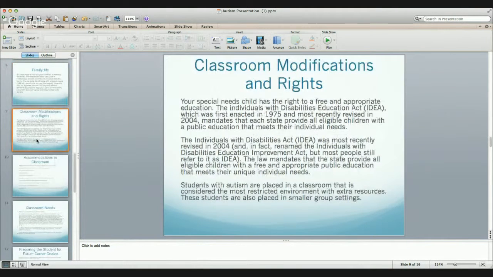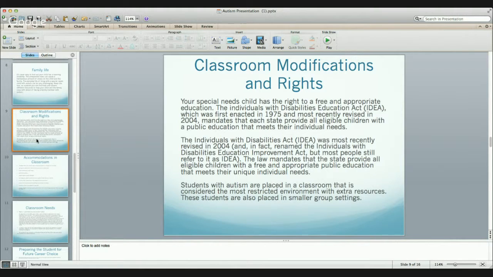Classroom modifications and rights. Your special needs child has the right to a free and appropriate education. The Individuals with Disabilities Education Act, IDEA, which was first enacted in 1975 and most recently revised in 2004, mandates that each state provides all eligible children with a public education that meets their individual needs.